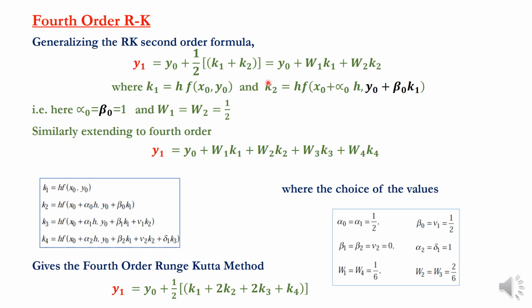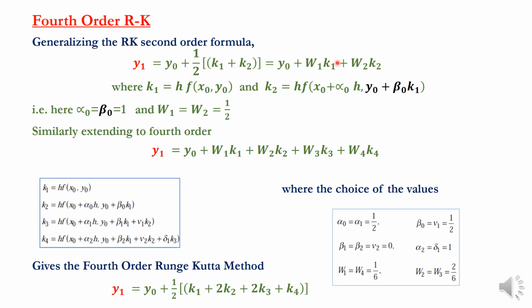So we can see that in the second order formula, alpha0 is equal to 1 and beta0 is equal to 1, and w1 is equal to w2 is equal to 1 by 2, so that we get this formula.